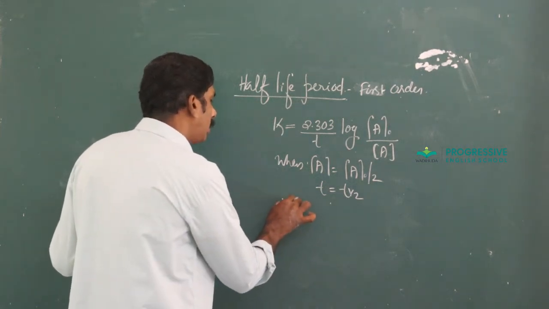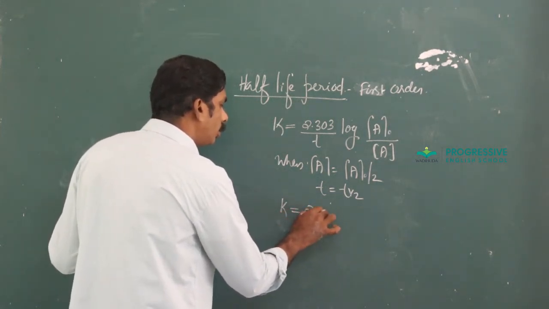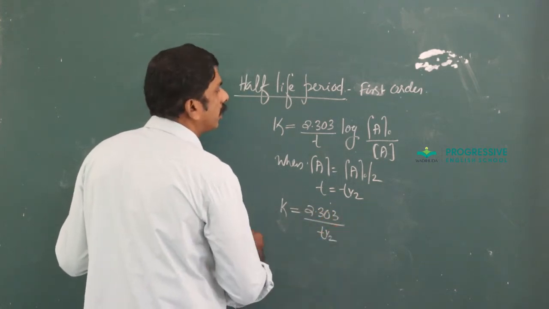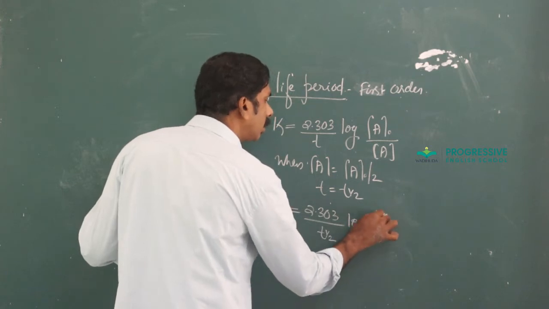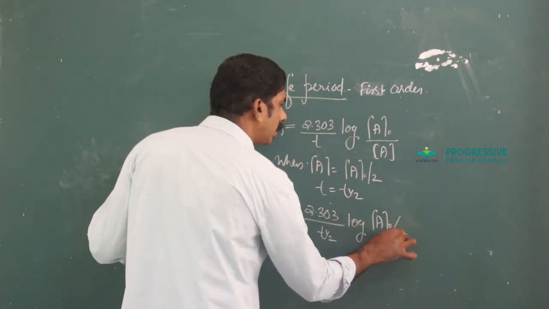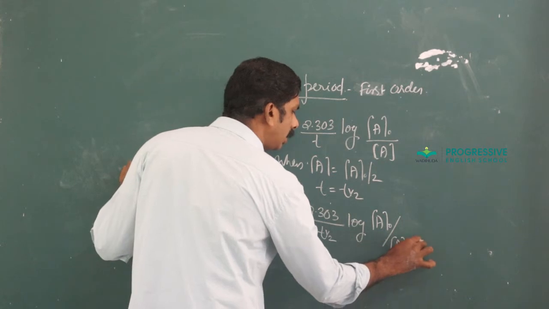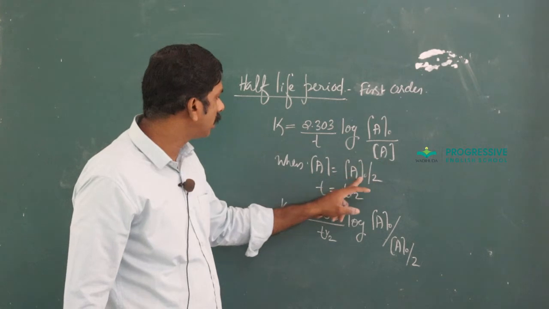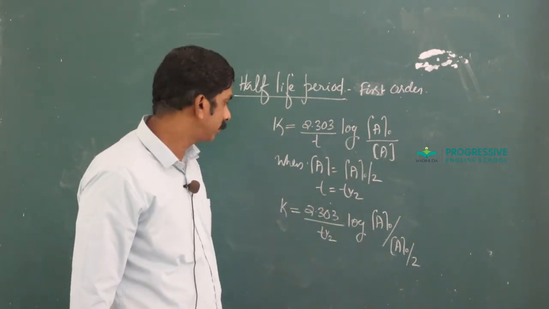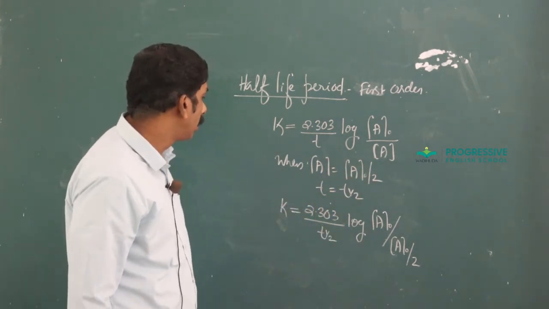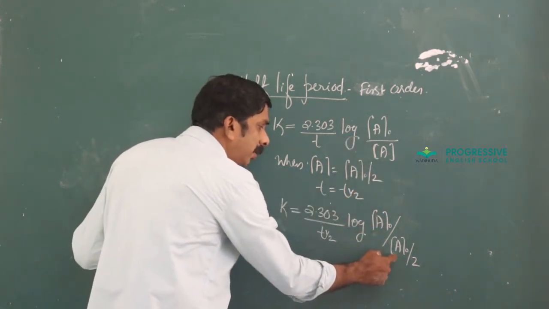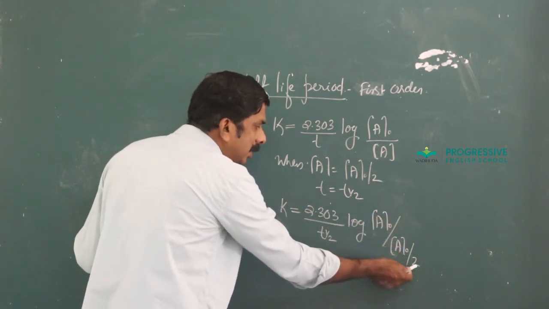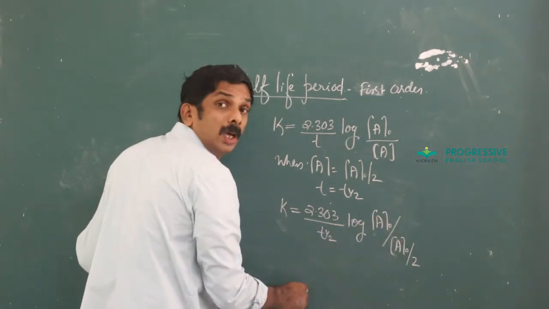Then K equal to 2.303 divided by T half log, numerator A0 and denominator A0 by 2, because A becomes A0 by 2 when T equal to T half. A0 divided by A0 by 2, that is A0 gets cancelled and 2 is on the numerator.